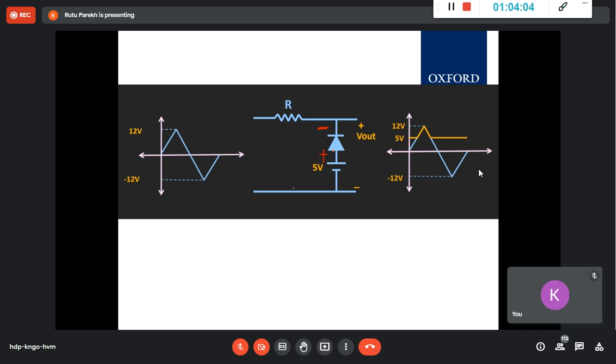First you should be clear what is forward bias and what is reverse bias. For an ideal diode, if this 5 volt would not have been there, then when this is positive, even by 0.1 volt, in case of an ideal diode, if the difference is even 0.1, it will be conducting.